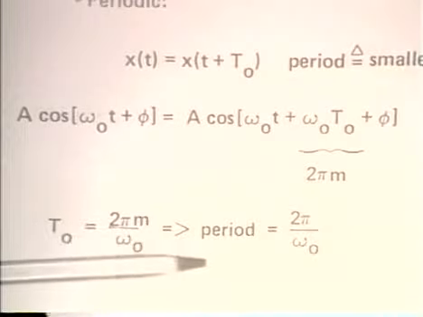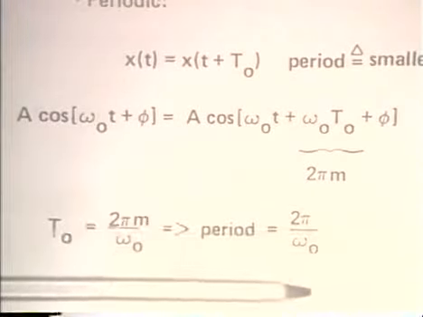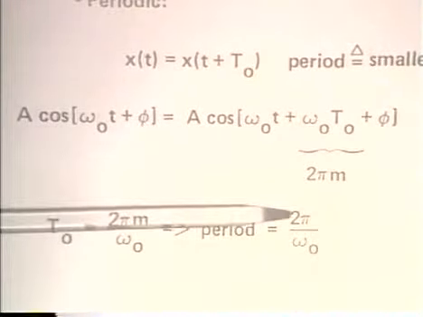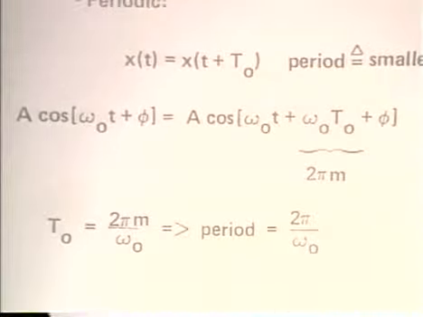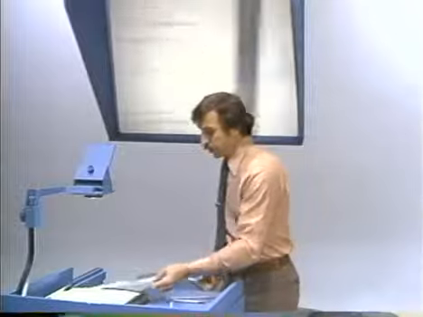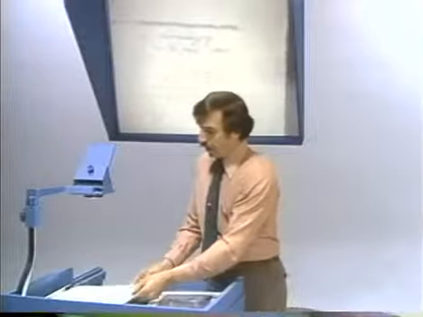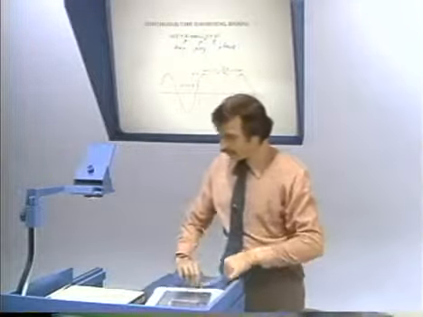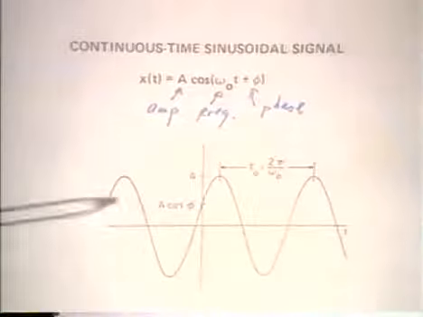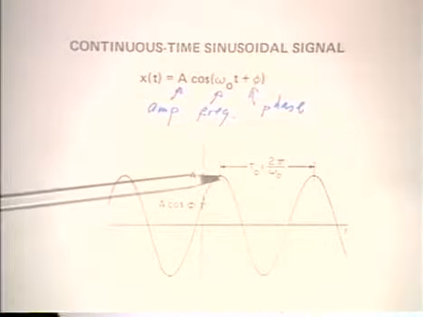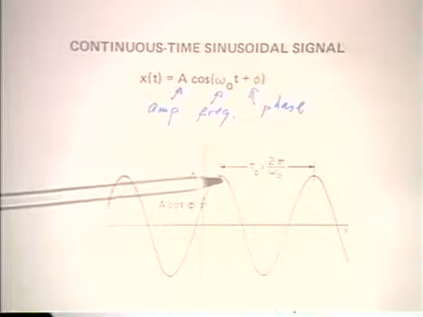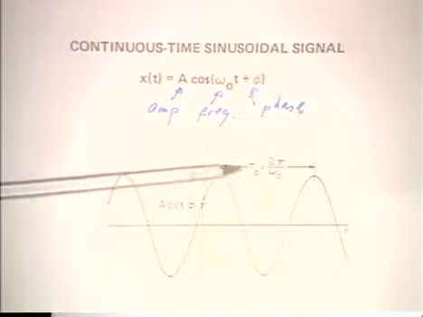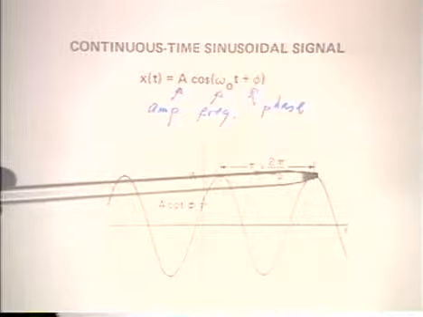The period is defined as the smallest value of t0, and so the period is 2 pi divided by omega 0. And going back to our sinusoidal signal, I've indicated here the period as 2 pi over omega 0, and that's the value under which the signal repeats.